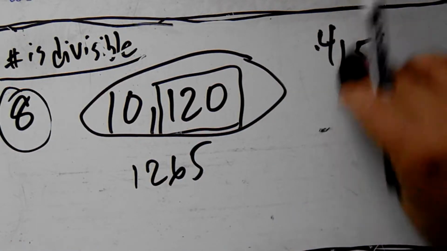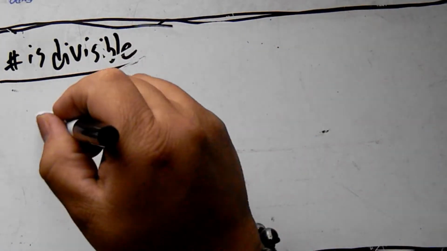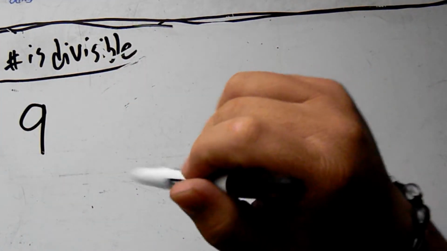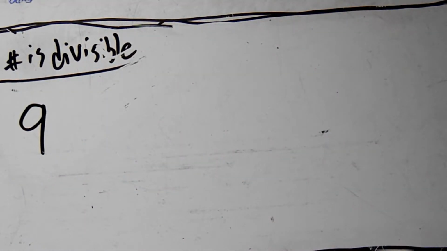And let's move on to 9. What the rule states is that if the sum of the digits is divisible by 9, then we can assume that the whole number is divisible by 9.